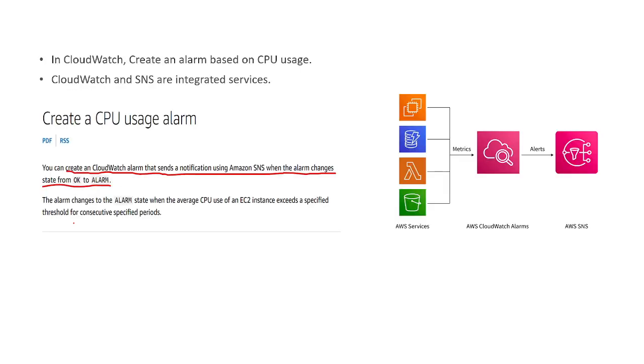Here is the diagram I have also covered. You can see this is the way we can implement the solution. Here is CloudWatch. These are the AWS services: buckets, Lambda, DB, then the EC2 instance.